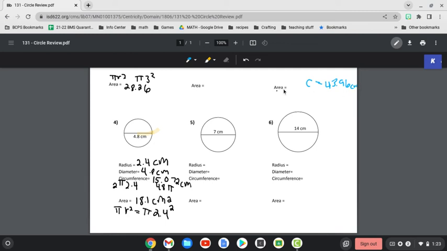So I know that circumference is equal to 2 times pi times radius, right? That's just our formula. So I can figure out, we're going to combine like terms. What is 2 times pi? That's 3.14 times 2 is 6.28.